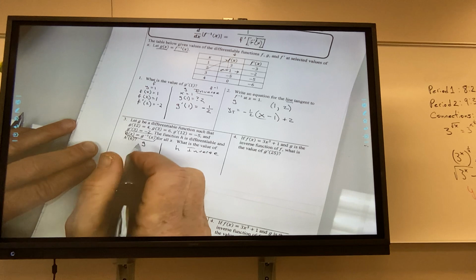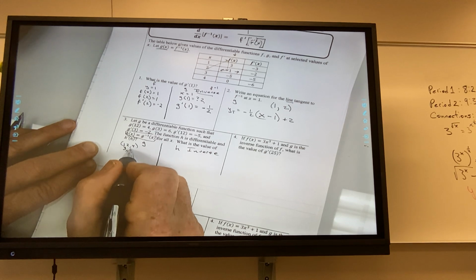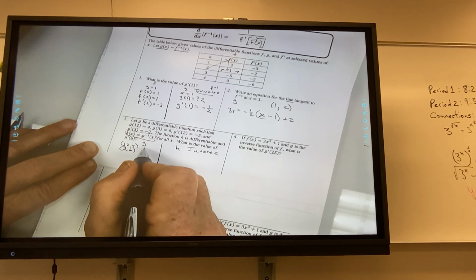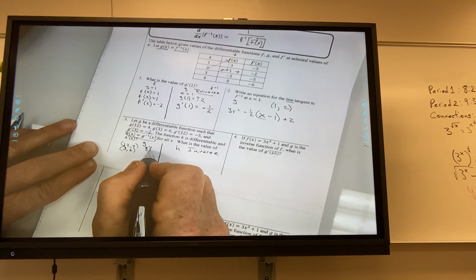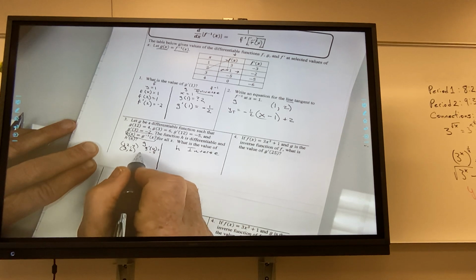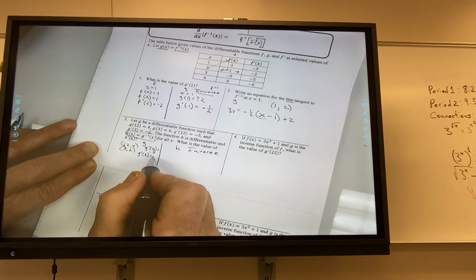So now I know I have these points: 12, 4, 3, 6. The derivative at 12 is equal to -5, and the derivative at 3 is equal to -2.